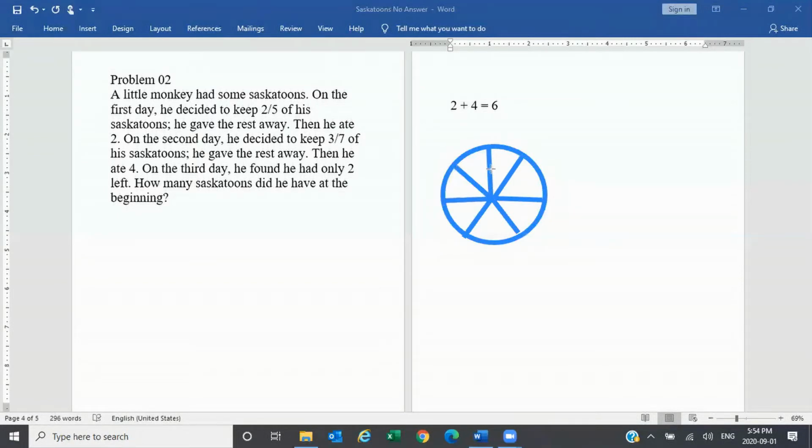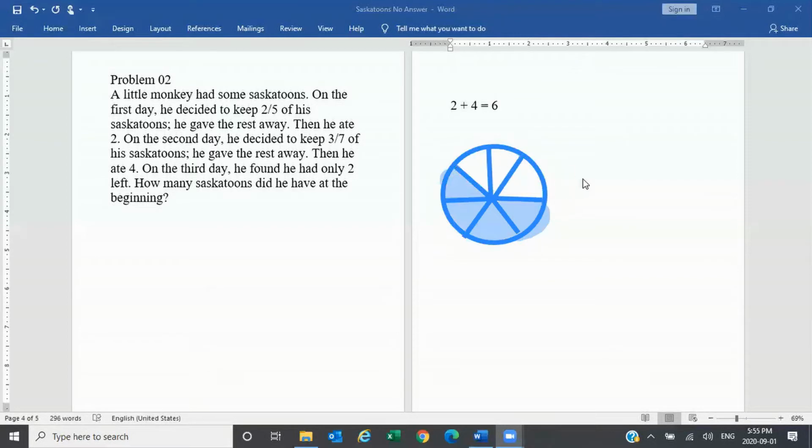Let me see if that's 7. Yeah, that's 7. So he decided to keep 3/7, and the rest of it is 4/7. So we're going to highlight 4 of these. Now this highlighting is not going to be perfect, but I mean it to be, so we could really see how many he gave away.